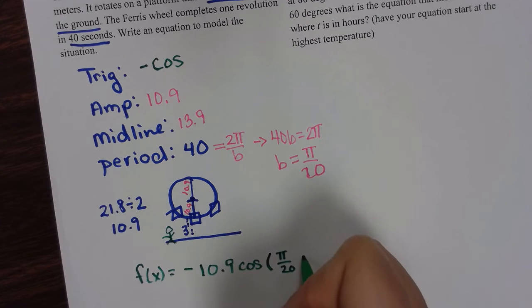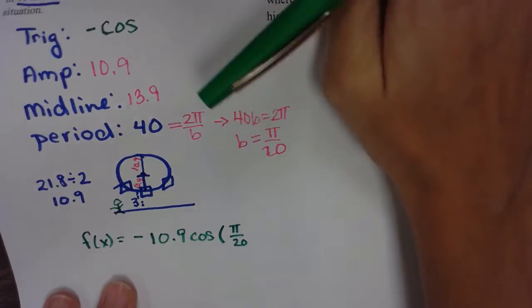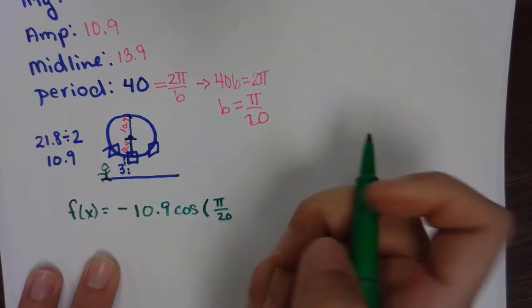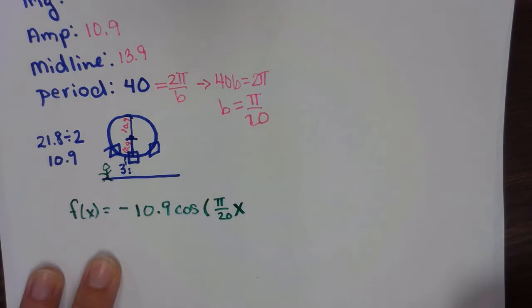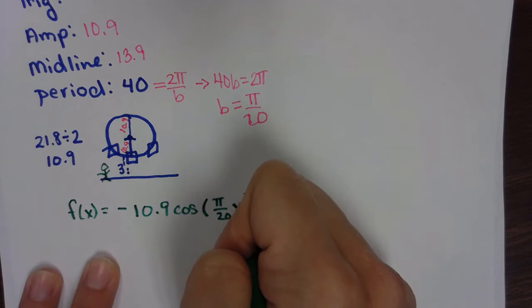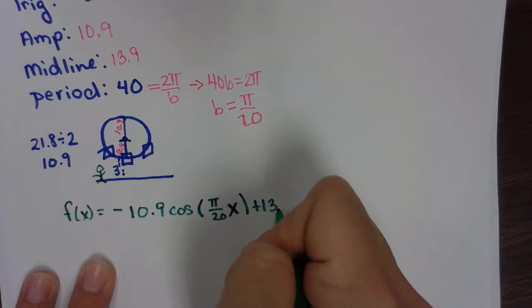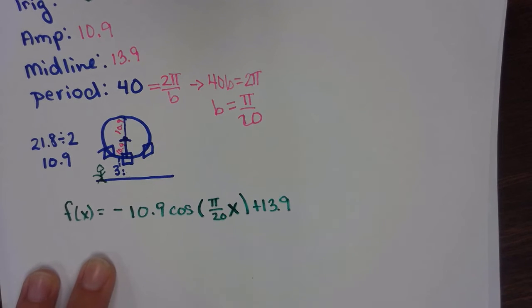We don't need anything out front, right, because we're not doing a phase shift. So pi over 20. Here's what a lot of people forget. We are doing a function, so you need your x. And then our midline is a positive 13.9. And we just made our own trig function.